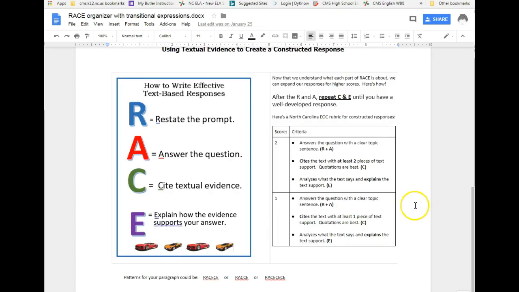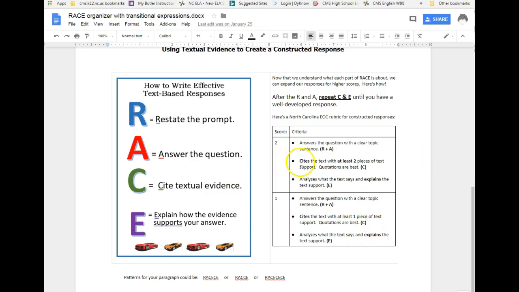To kind of put it all together, let's look right here at the rubric part. After the R&A, repeat C and E until you have a well-developed response. So after you've restated the prompt and answered the question, probably in the same sentence, keep repeating C and E until you have a well-developed response.